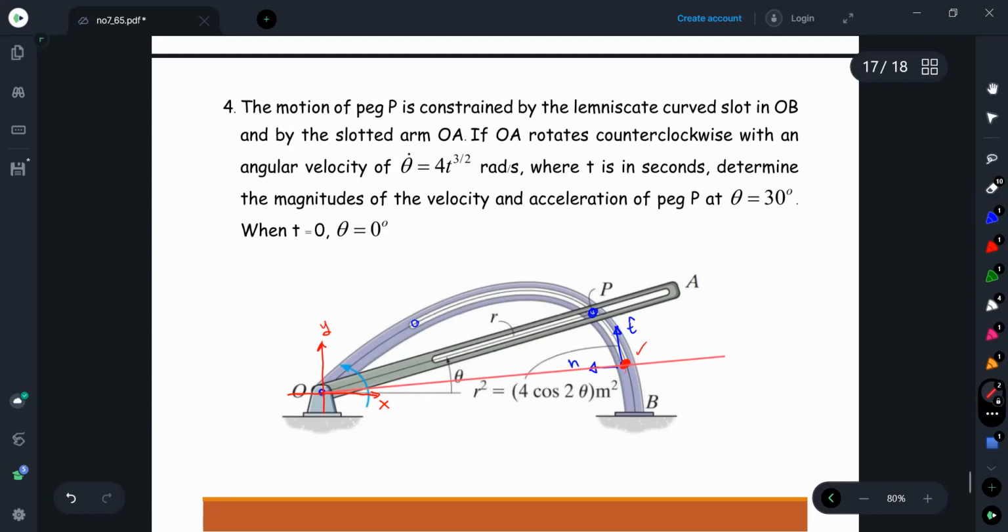This is r. Okay, so this is the direction of r. For this case you will see that the line of r and n is coincidental. For this case it is coincidentally collinear.